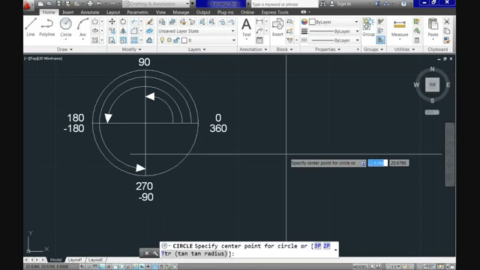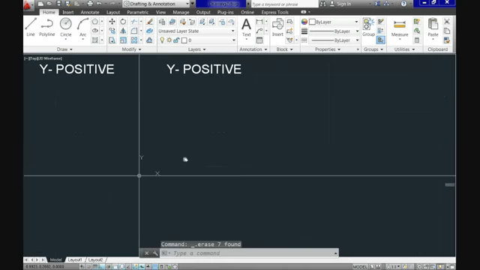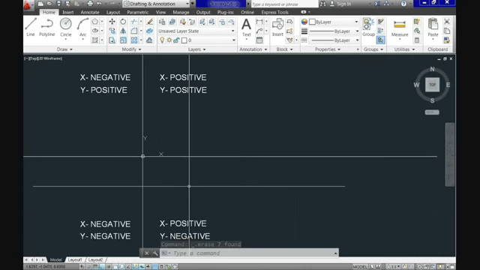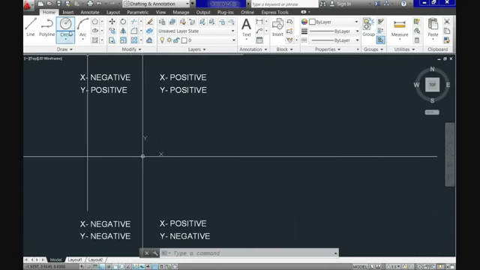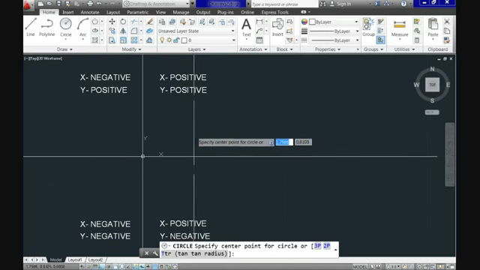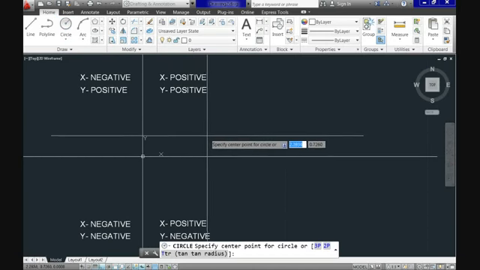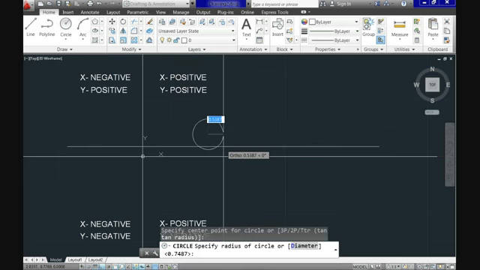Now let's talk about how AutoCAD uses fractional and decimal values when you're entering numbers. I want to draw a circle, and the first thing is to specify the radius of the circle, and I'm going to put, look at the line, 1.5. That's my 1.5 circle.